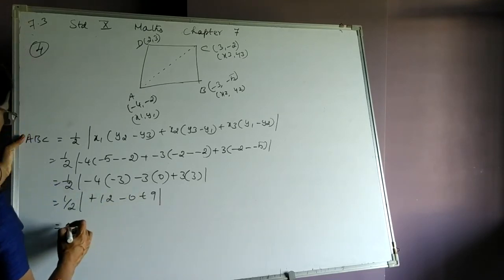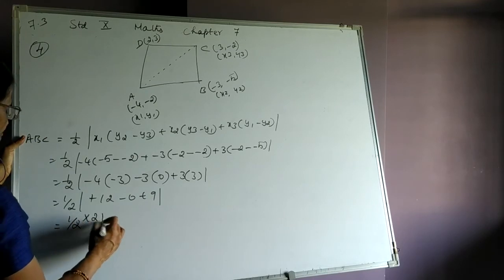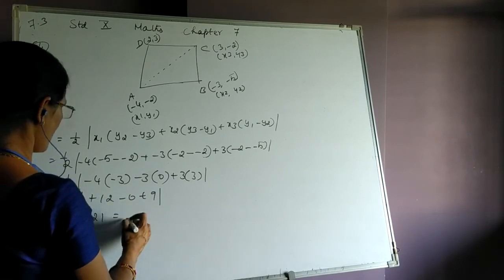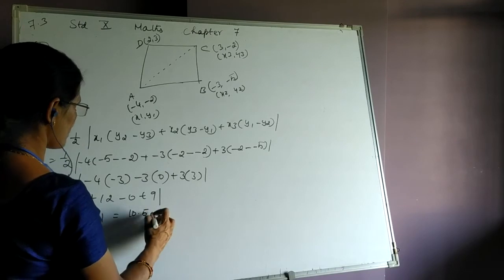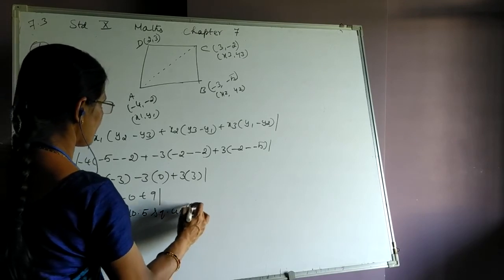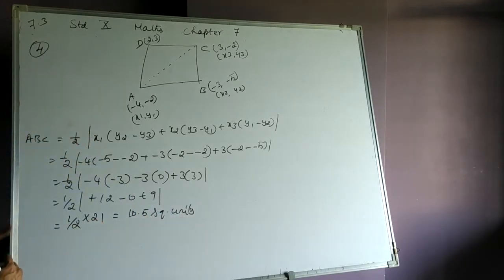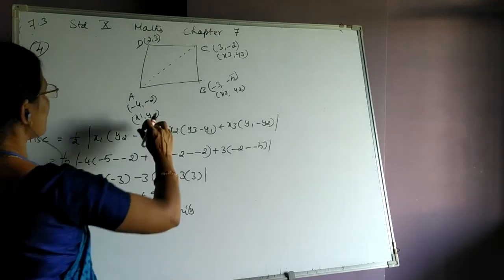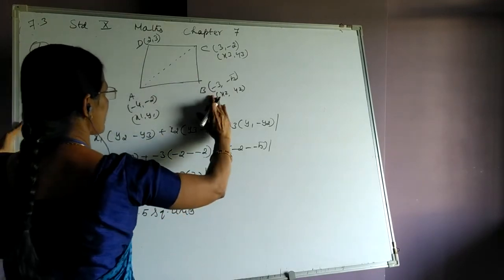Minus 5 plus 2 becomes minus 3. Plus of minus 3 becomes minus 3. Minus 2 plus 2 becomes 0. 3, minus 2 plus 5 becomes plus 3, which is half of minus 12 plus 0 plus 9.